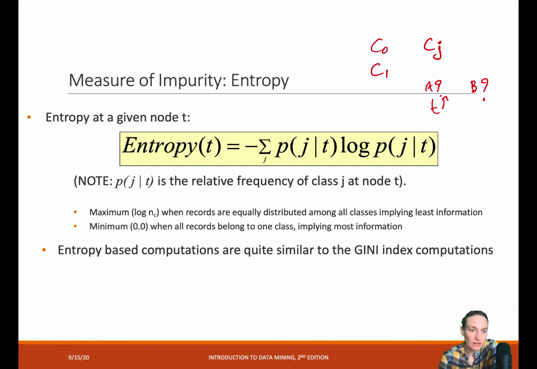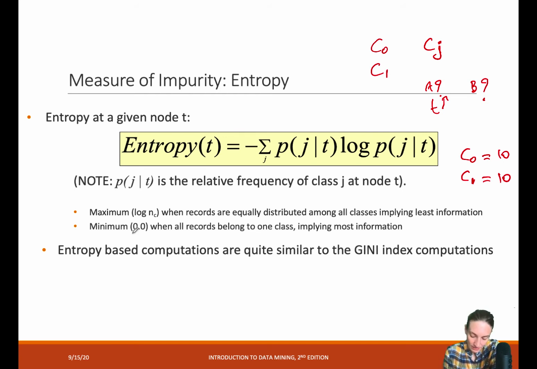The maximum, log n_c, is reached when all records are equally distributed among all classes, implying the least information. So we get the maximum entropy value when we have something like C0 equals 10 and C1 equals 10. There's no information here. You have a 50% chance of being either class.